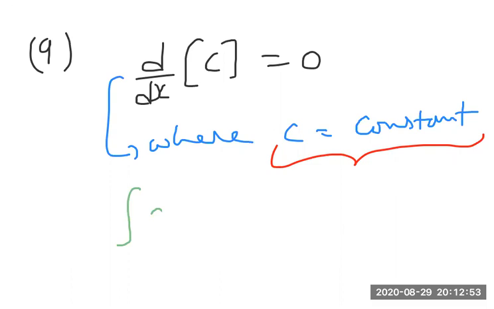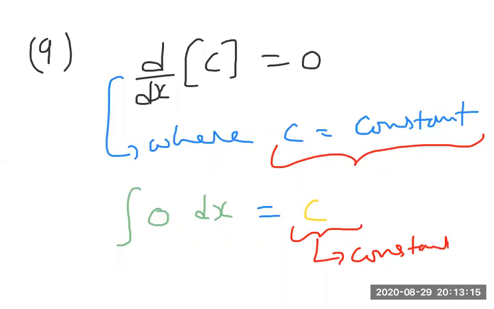Integral of 0 dx. Integration is almost the reverse process of differentiation. So what is integral 0 dx? It is nothing but some c, where c is called constant. Don't say the answer is 0. Integral 0 dx is some constant because differentiation of constant is 0.